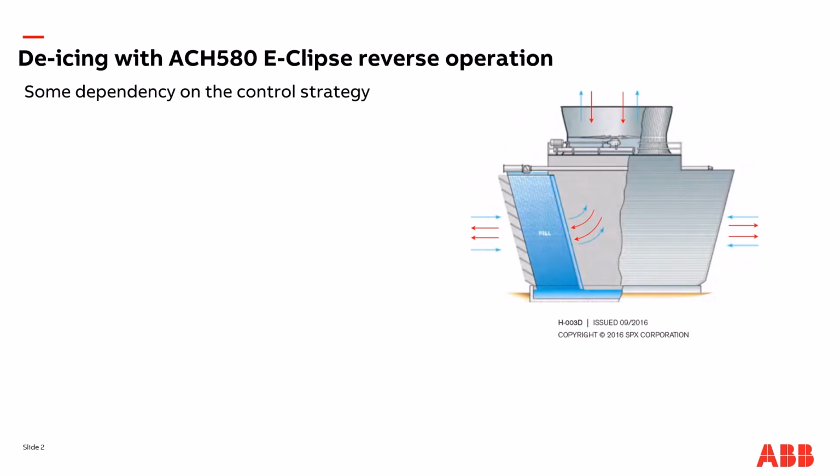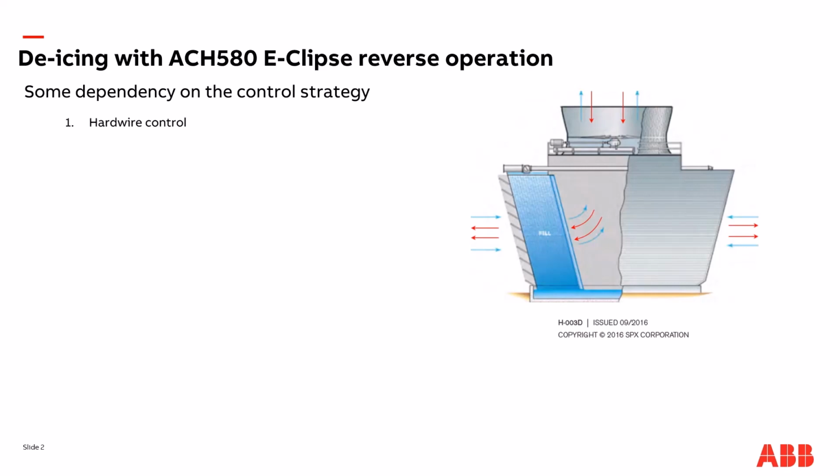And as I alluded to earlier, the execution of the reverse operation depends on the way the controls of a particular application are implemented. In this presentation, I'm going to go over the more common ones, which I'll itemize here, and then separate slides will be prepared to go into detail about how the ACH580 and E-Clipse bypass would be configured for each.